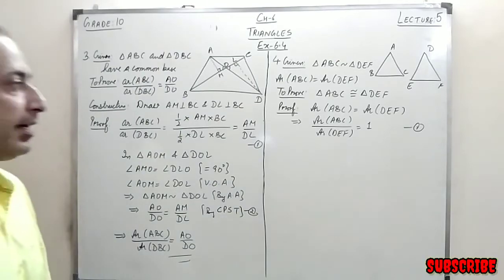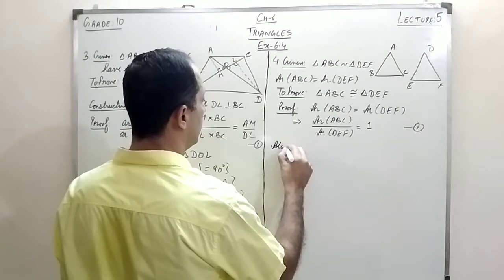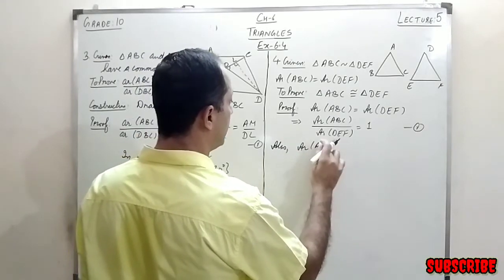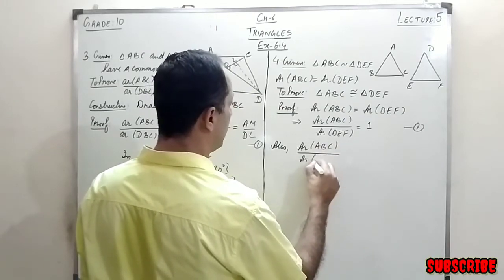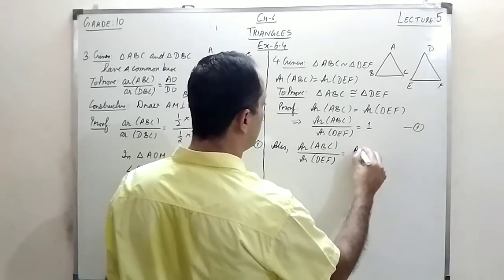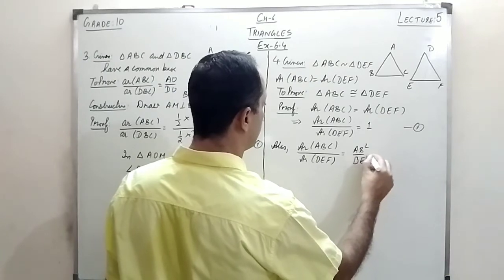Also, since the triangles are similar, obviously by the theorem which we have discussed in the beginning of this lecture, that ratio of the areas of two triangles is equal to square of ratio of their corresponding sides.